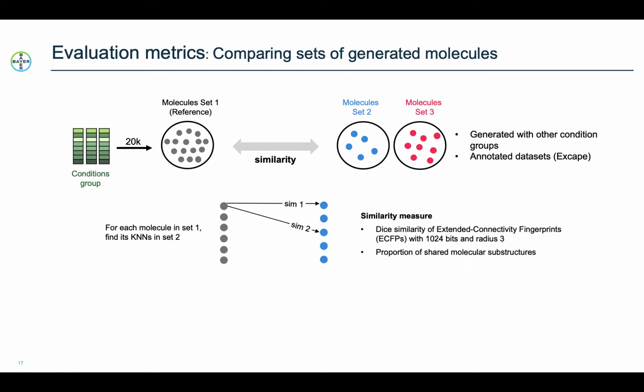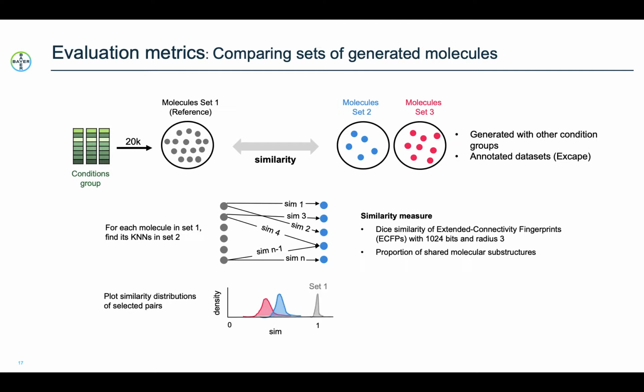And we compute the similarity between the 2 closest neighbors, so sim1 and sim2. And we do the same for the next molecule and for all the molecules in the reference set, the left set. And at the end, we collect all these pairwise similarity values and then plot the distribution of the similarity between the different sets.